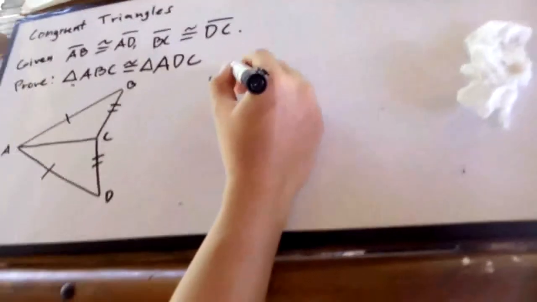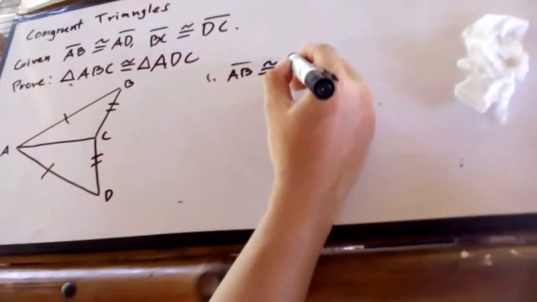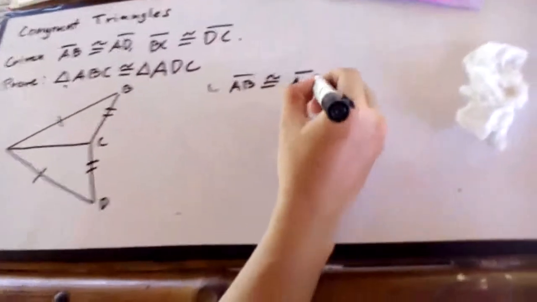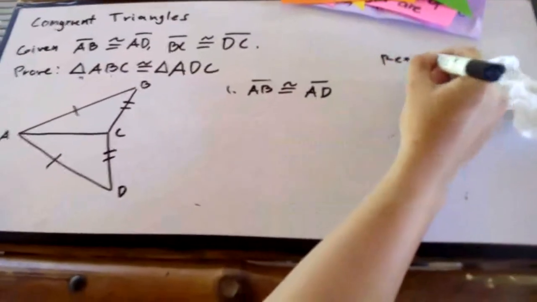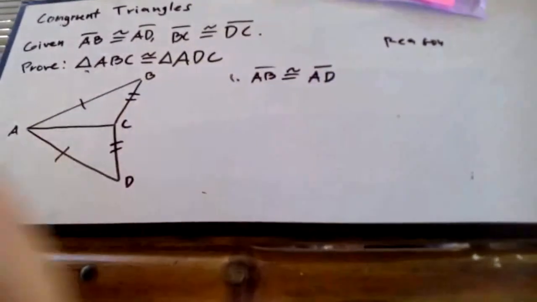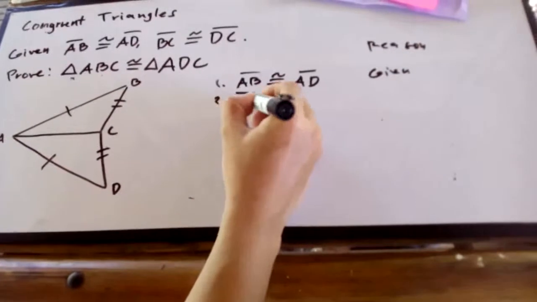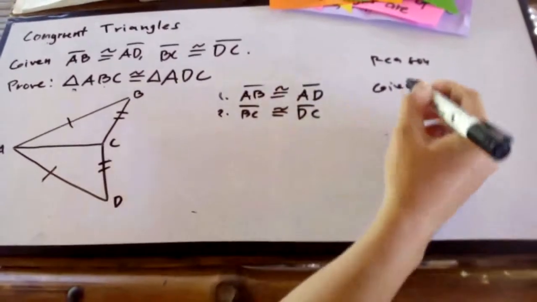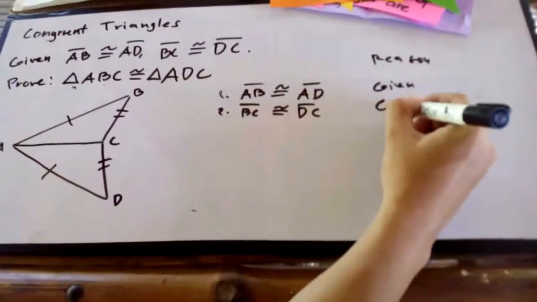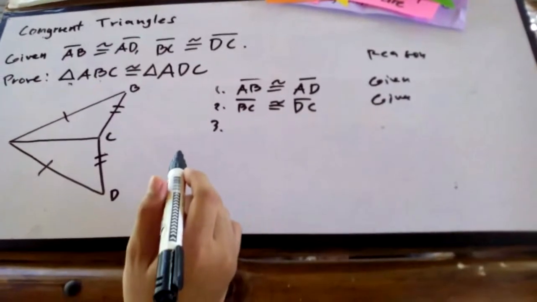Number 1, line AB is congruent to line AD. Reason? First of all, given. Number 2, line BC is congruent to line DC. Reason? Of course, given. The next, what do you think is next?